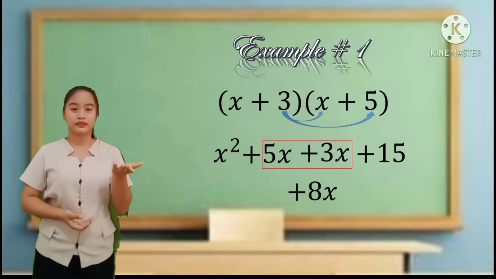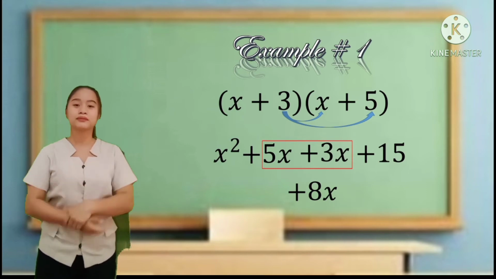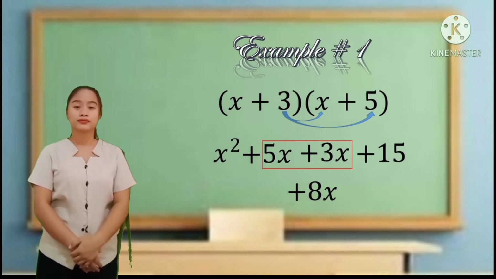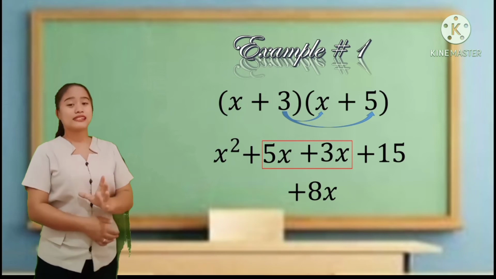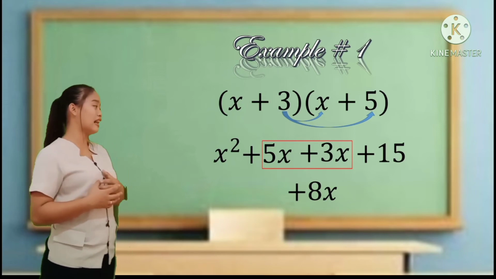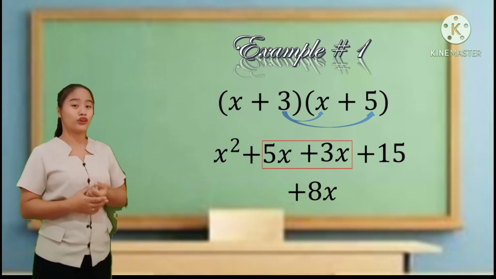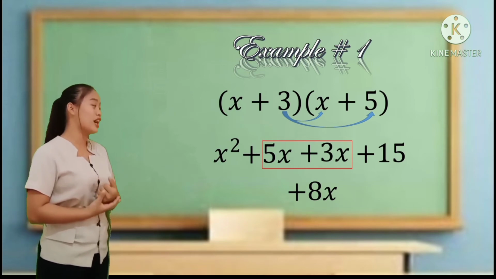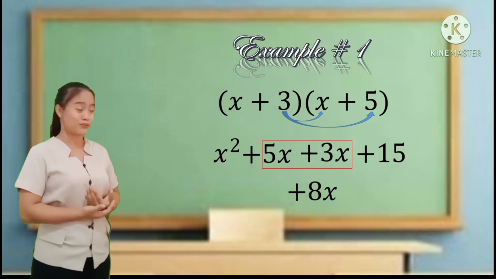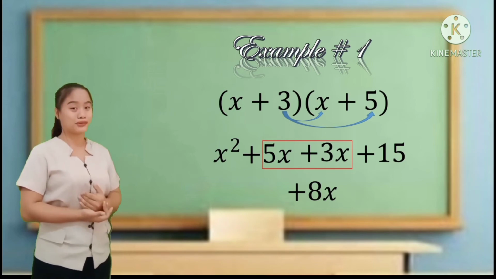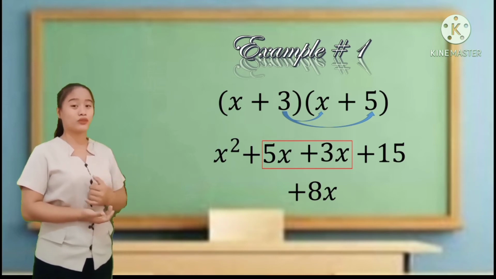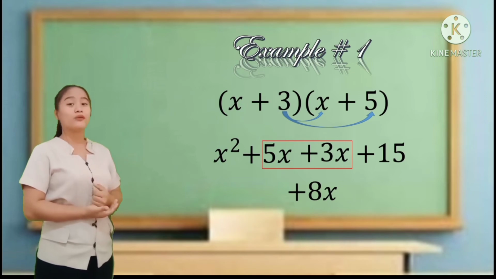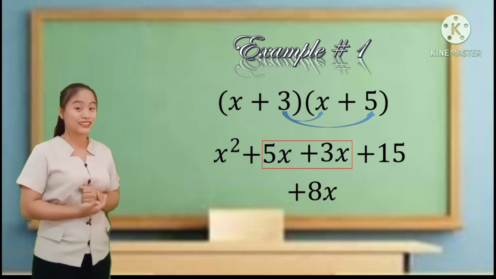Any question? Yes. Ma'am, why do you not add the exponent? Class, we didn't add the exponent when adding 5x to 3x because we are adding terms, not multiplying terms. When we use the laws of exponents, adding the exponents, we are multiplying terms, not adding terms.